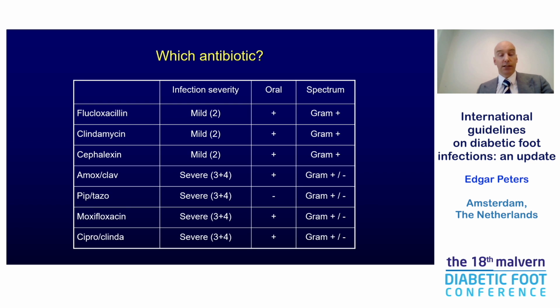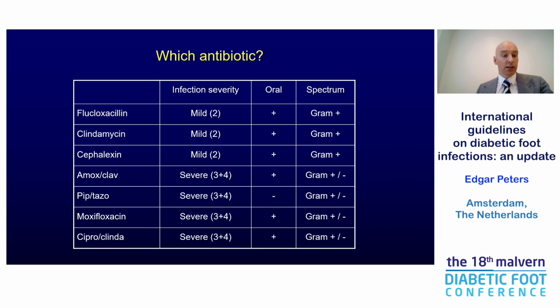You could give clindamycin. The problem with clindamycin is that it doesn't cover all the Staph aureus and streptococci. You could give cephalexin, a first-generation cephalosporin, which has about the same coverage as flucloxacillin, but has a better intestinal absorption, but then also the Staph aureus have a slightly higher MIC, so that you need to cover for that.